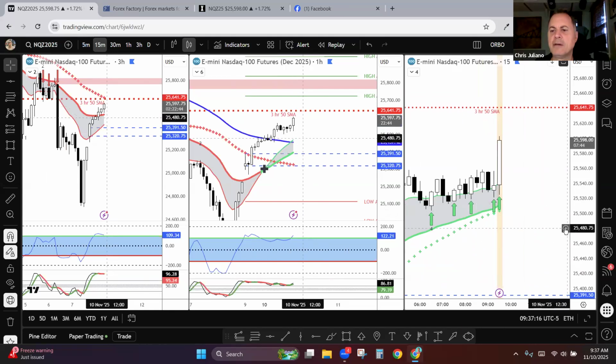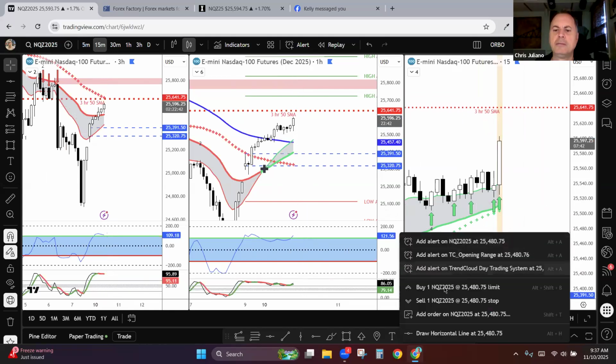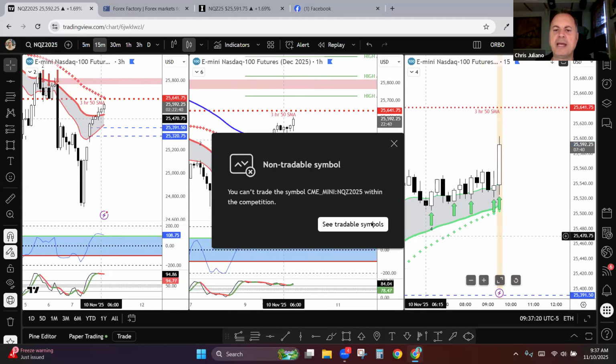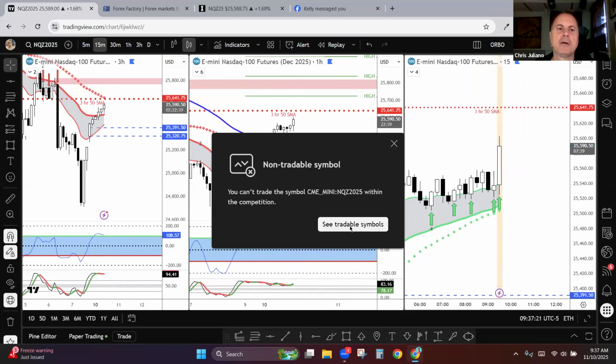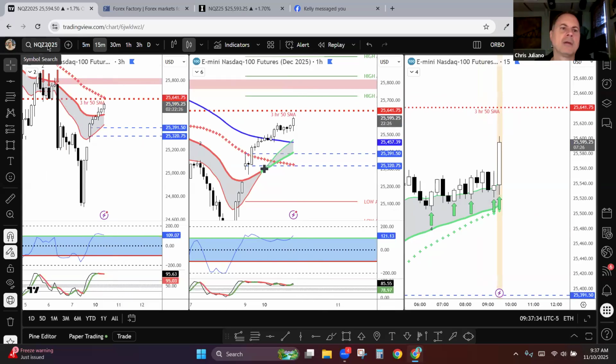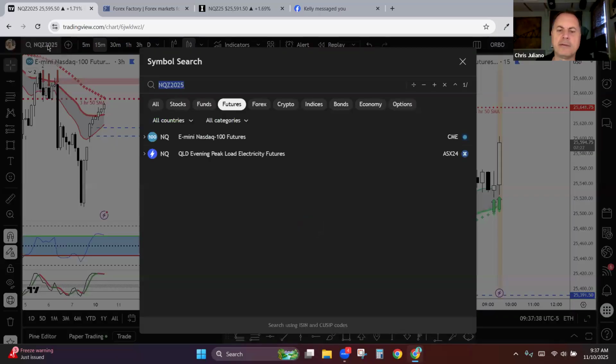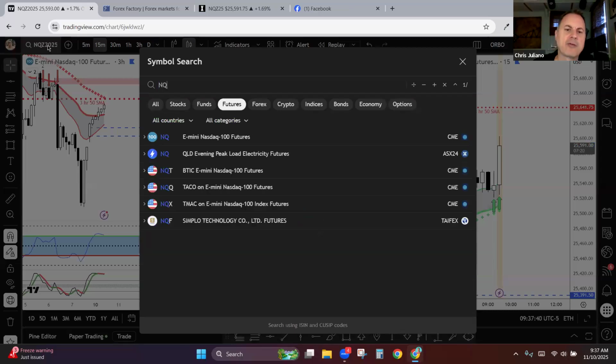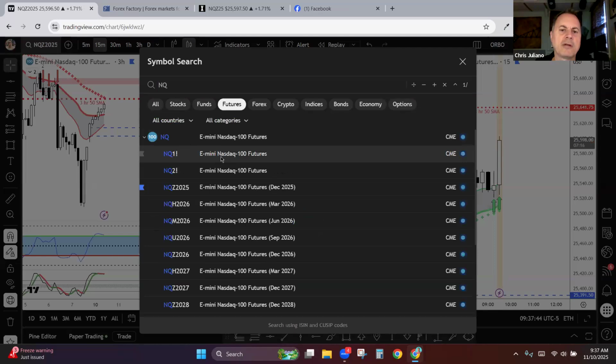I wonder how many NASDAQs. Oh, okay. It wants you to trade the NQ, the actual NQ contract symbol here, NQ1.